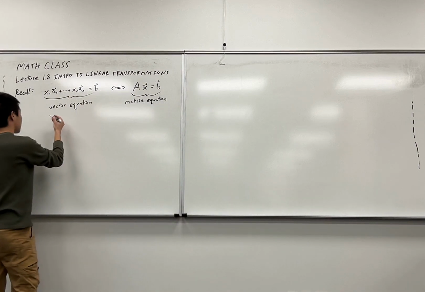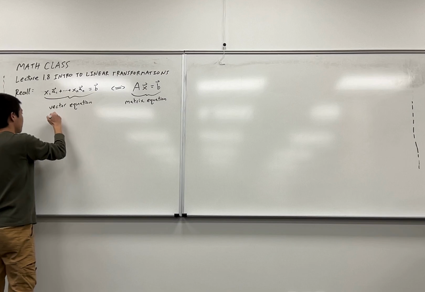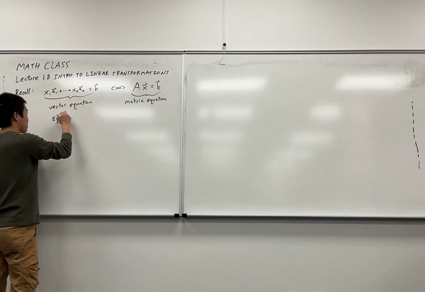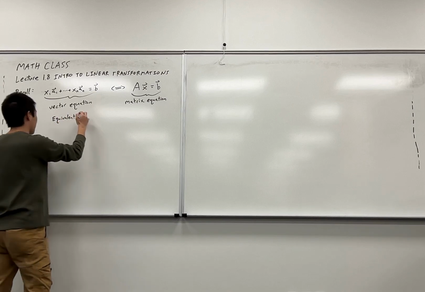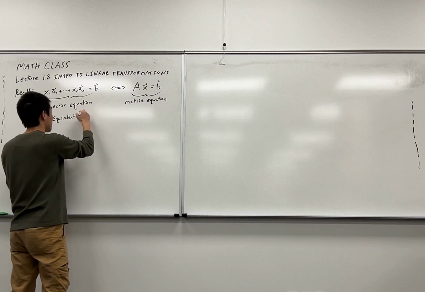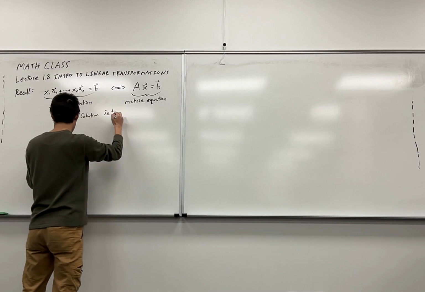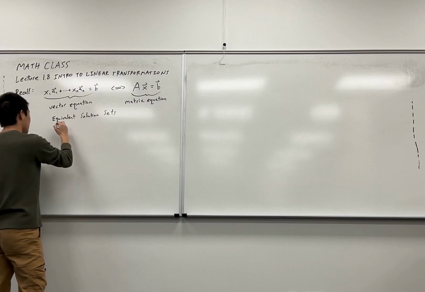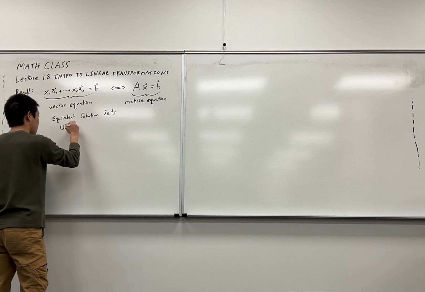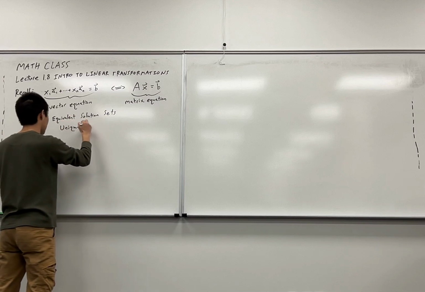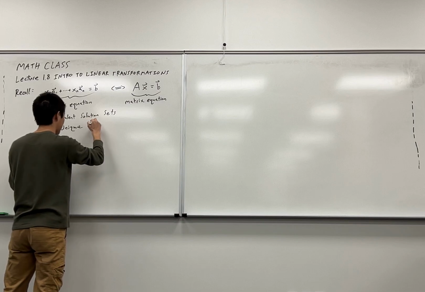And this was a big part of what we were talking about previously, that these have equivalent solution sets, and they offer us 2 distinct or unique perspectives of the same exact problem.